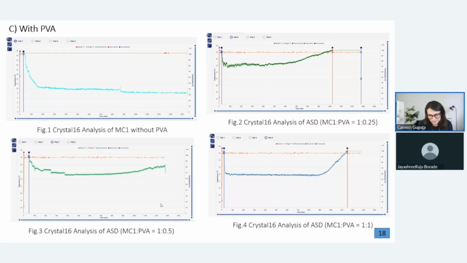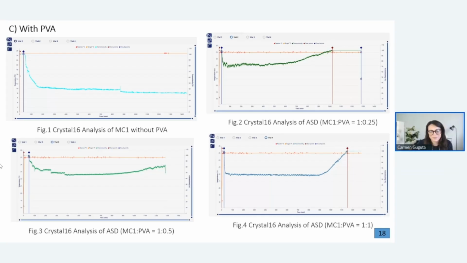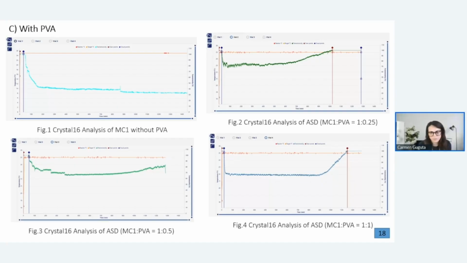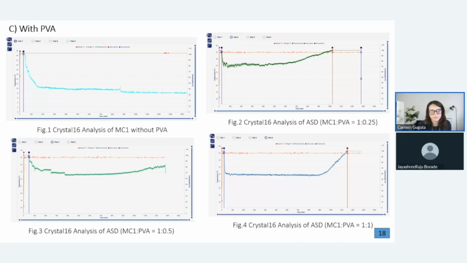Actually, that's a good question. We haven't evaluated that, but maybe that will be something good to see: for different glass forming ability types of molecules, does it provide the same kind of assessment or not? We haven't done this as part of this study.